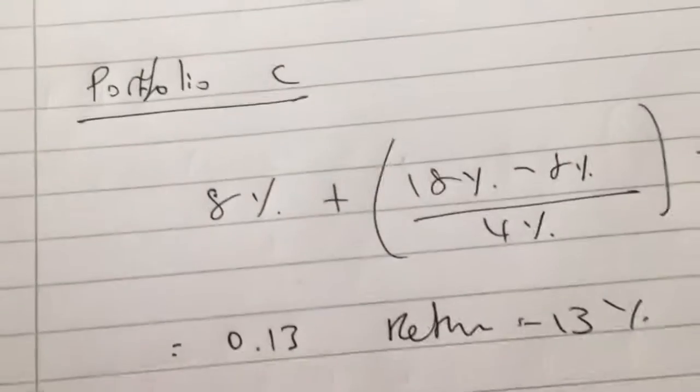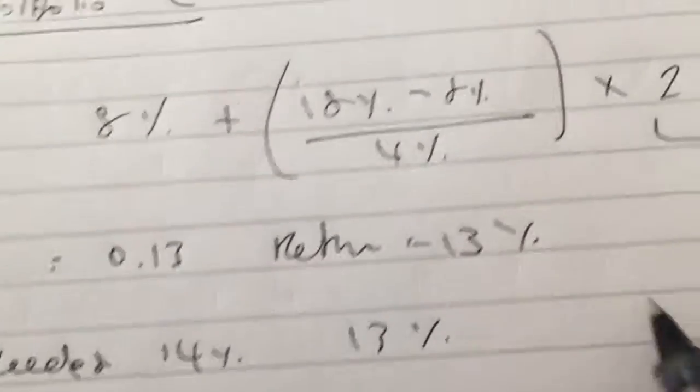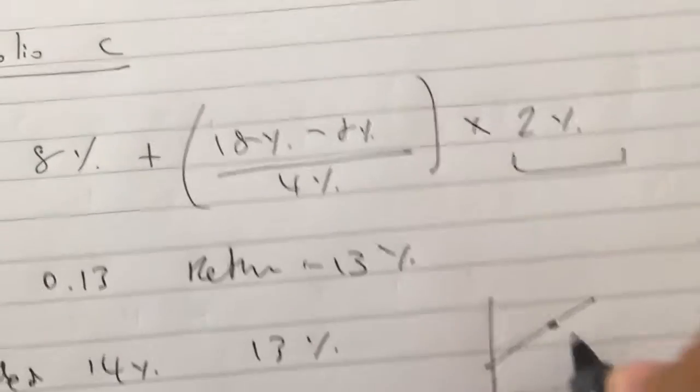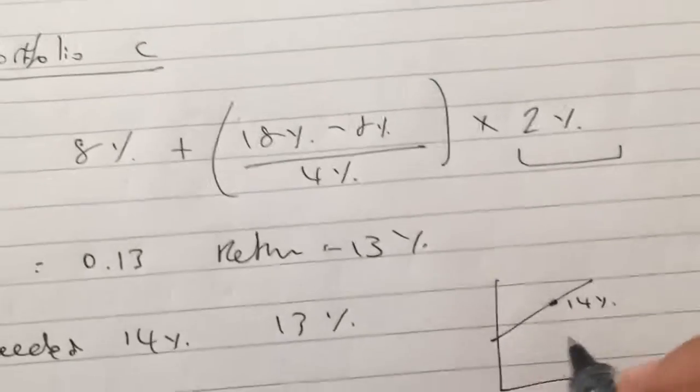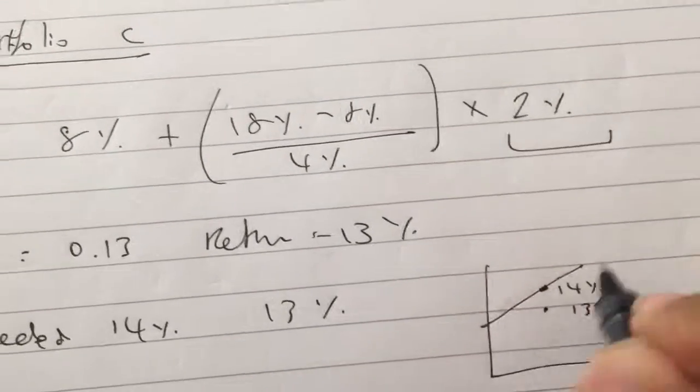So we needed to achieve 14%, but we're actually getting 13%. If you plot this on the CML graph, we're supposed to be getting 14, but with portfolio C we're getting 13%, so we're getting under the line.